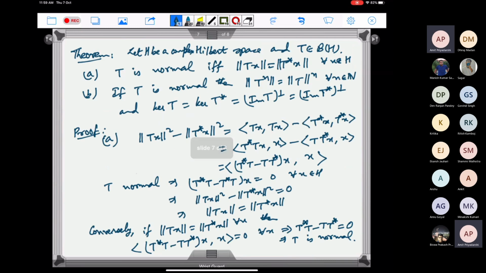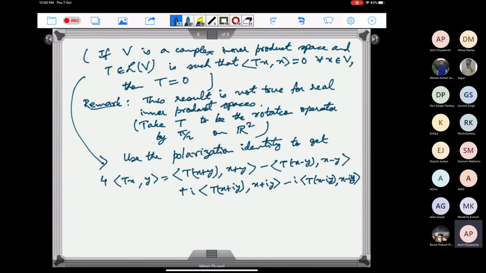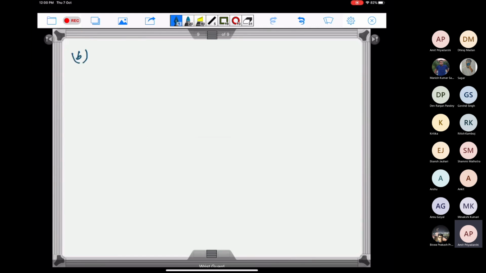So, okay, now let's try to do part B. If T is normal, by part A, kernel of T is kernel of T star, and therefore we get that equality.